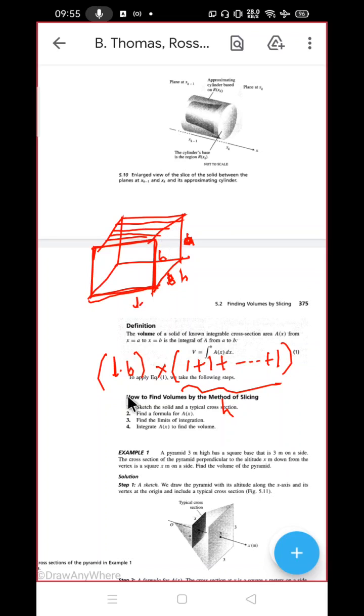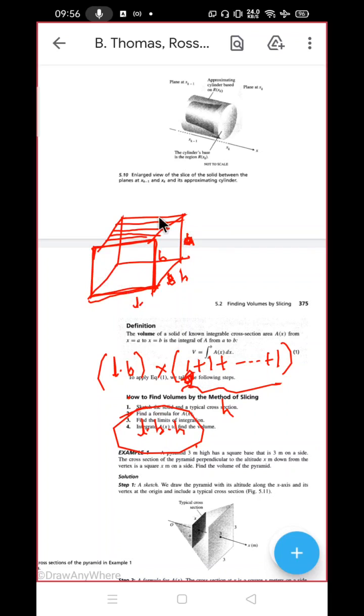So L into B, I'm adding it H times, correct? So this will be L into B into H. And listen to one more thing: this need not be only an integer, I can put half of that, it is just the height of that. That doesn't matter.